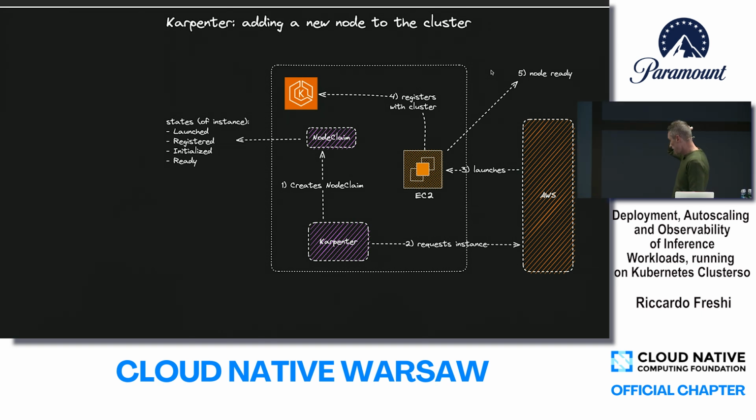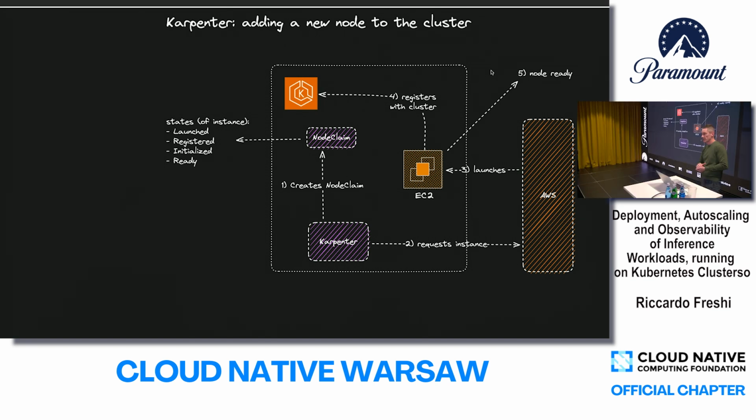And then when it is launched by the cloud provider, the instance registers with the cluster, and finally the node is labeled as ready. You can see on the left all the states that this VM can go through, which is reflected in the node claim. So the node claim actually goes through these states, and you will see that updating during this process.